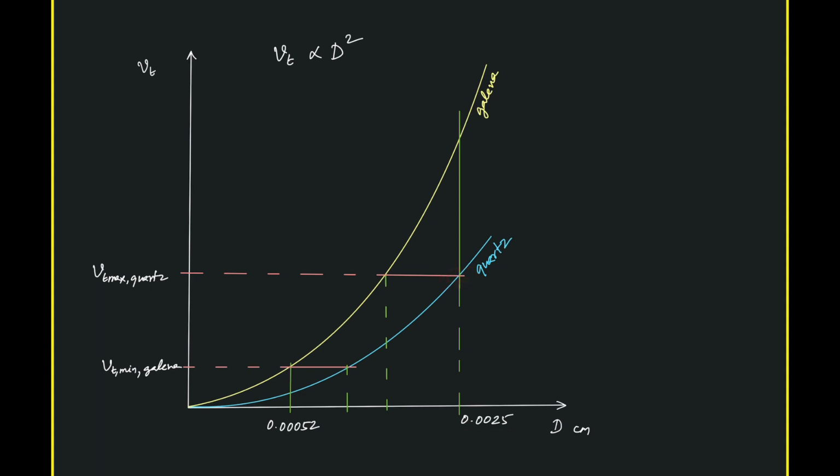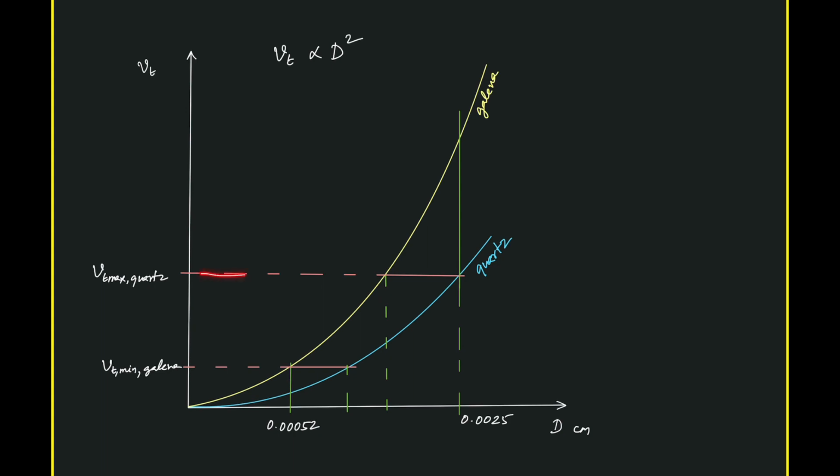Using this diameter and the density of quartz, we can find this velocity. Likewise, using this dimension and the density of galena, we can find this velocity. Once these two velocities are obtained, we can easily separate this mixture by operating at the velocity corresponding to the maximum size of the quartz.